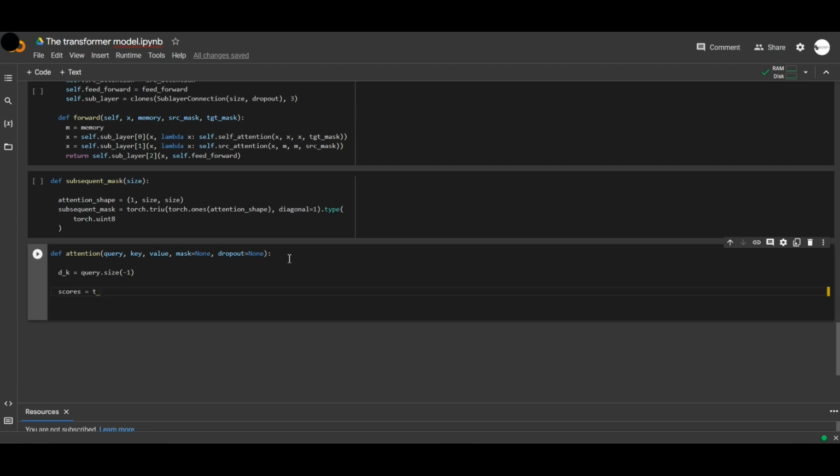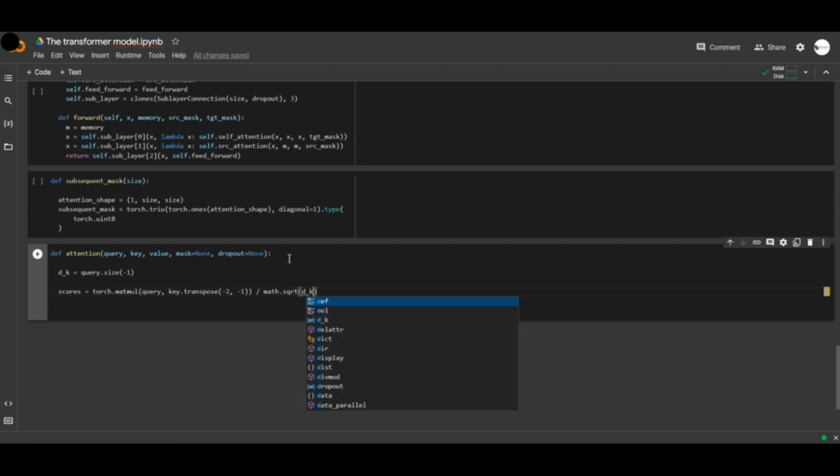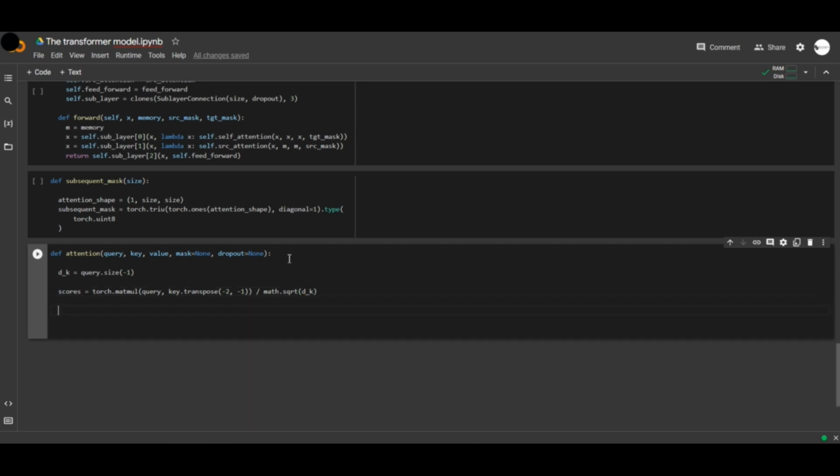We take in the query and the key, so it's going to be a multiplication. We take in the query, okay, we take in the key, but we need to transpose it, then we divide this, as we said, by the square root of the dimension of k, okay? Still makes sense, right?